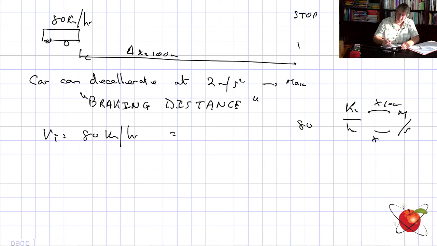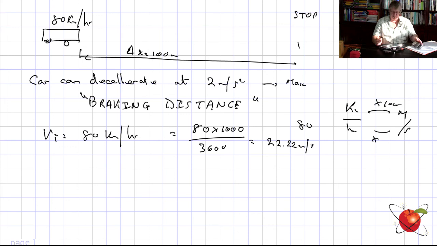So it's 80 times 1000 divided by 3600, which is equal to, let's have a look, 22.22 meters per second. Okay? 22.22 meters per second. All right? That's the initial velocity in meters per second.